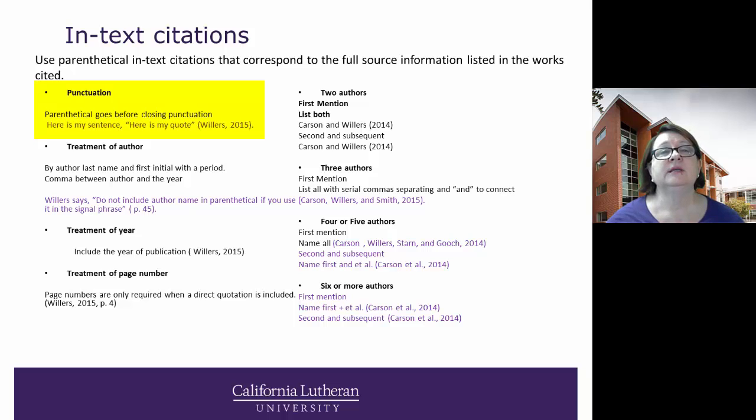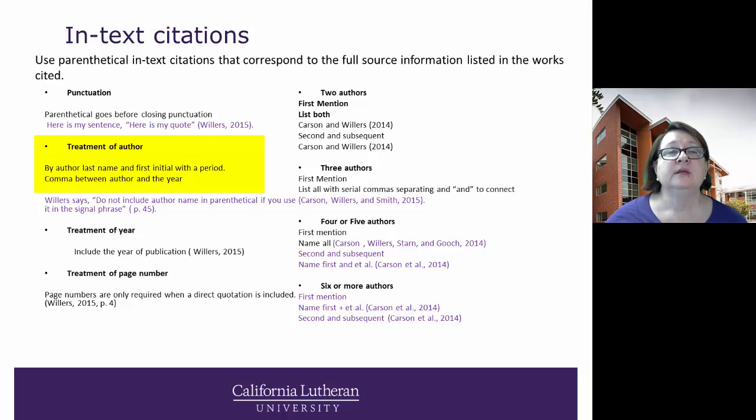So if you see, here is my sentence, here is my quote, Willers, 2015, there's the period right there. The treatment of the author is by the author last name and first initial with a period. We just saw that in the OWL example. There's a comma between the author and the year.